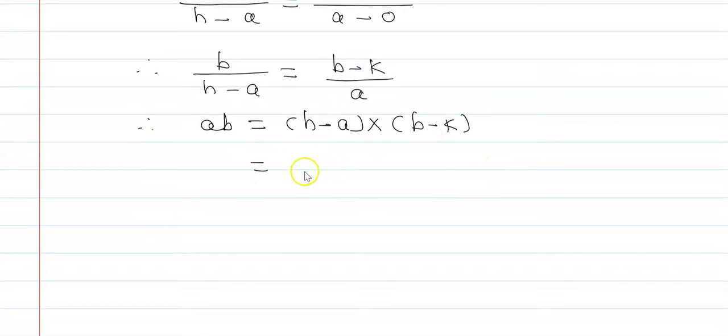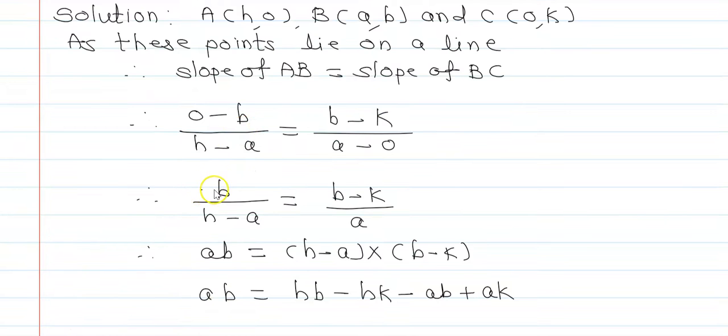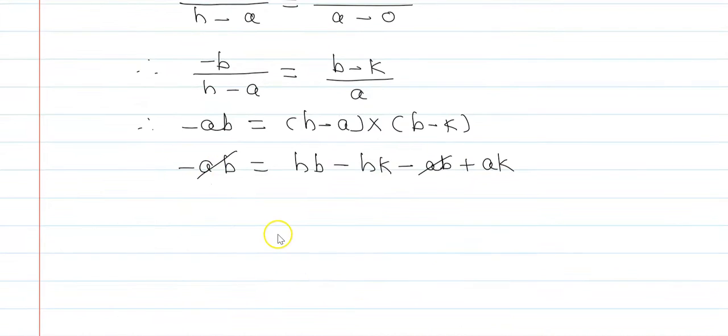So ab equals ab minus ak minus hb plus hk. Here, ab on both sides gets cancelled.